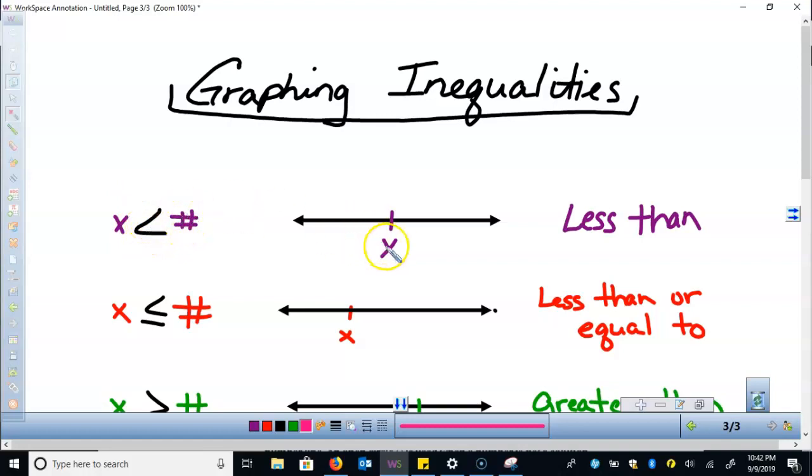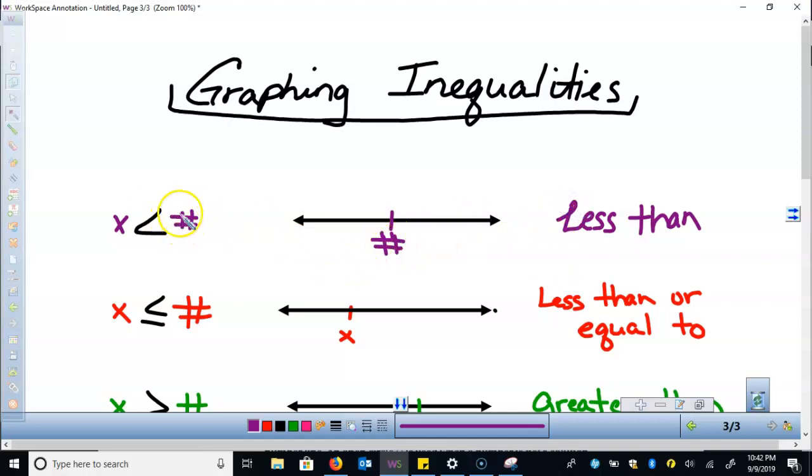So on our number line, we're going to go to that number that we know for a fact is a part of that solution. And then we start from there.